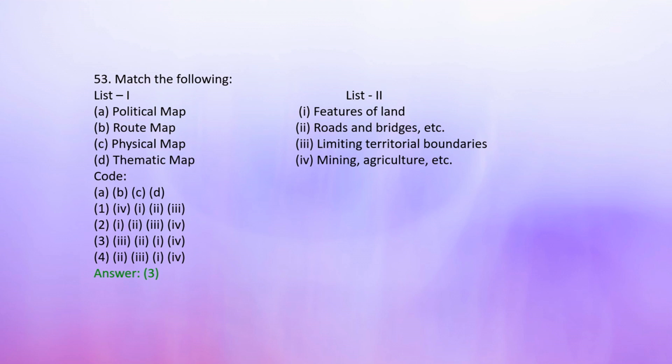List 1 route map goes on roads and bridges, etc. List 1 physical map goes on features of land, and list 1 thematic map goes on mining and agriculture, etc.